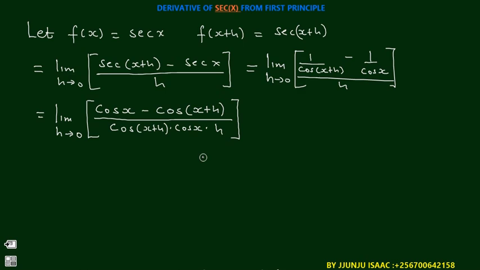Now you can see that this is the difference of cos. So we can use the trigonometric identity, which we know very well.